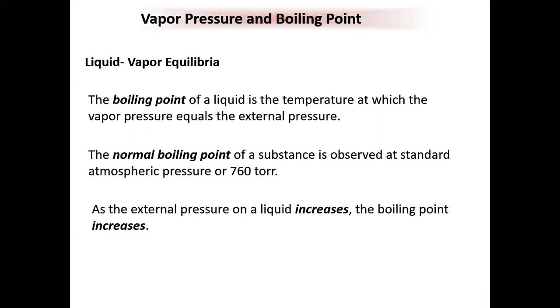Most substances, when you look up their boiling point, you're looking up the normal boiling point. Again, normal means that it occurs at 1 atmosphere or 760 torr of pressure. As you increase the external pressure of the liquid, you increase the boiling point because it takes more energy to remove the molecules from the surface of the liquid.